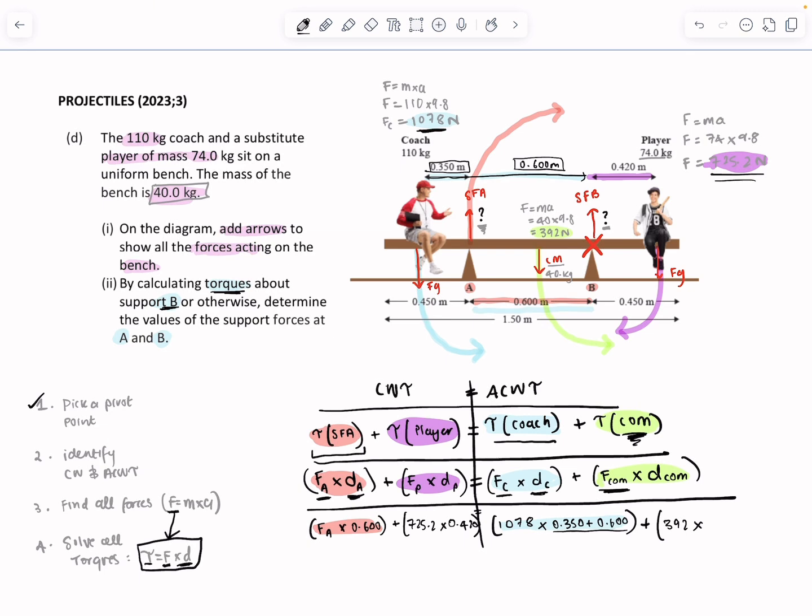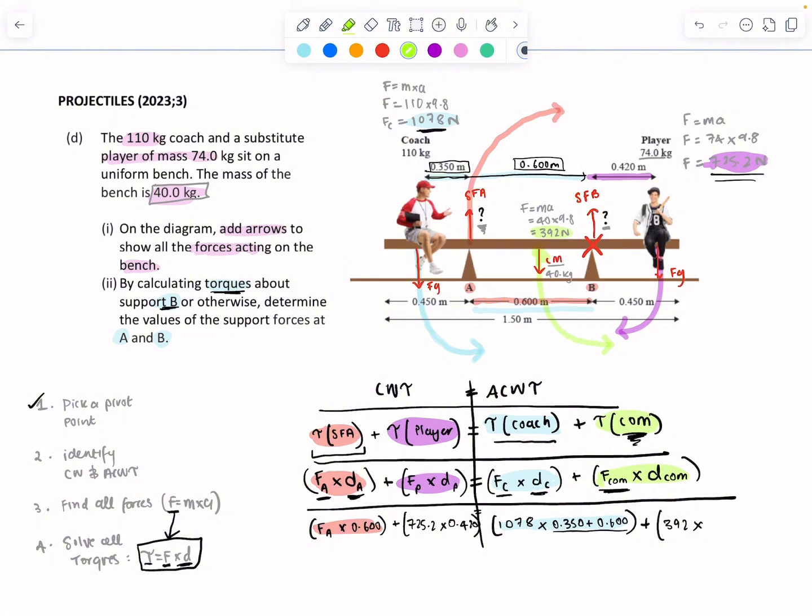Okay, it's not too obvious in the diagram, so we have to do a bit of thinking and maths for this. So we have our center of mass over here, as you can see. It's in the center of our plank. So the whole plank is 1.50 meters. So the center of mass is obviously halfway because it's in the center.